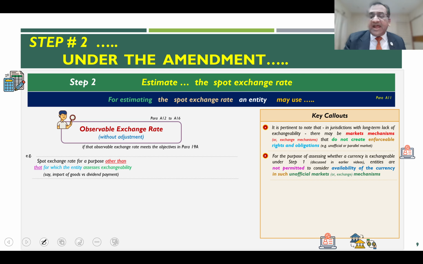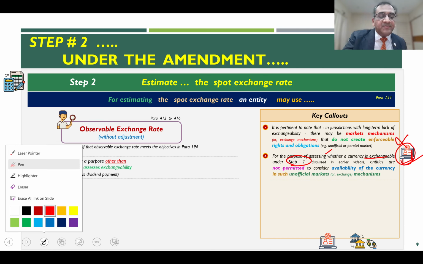we have seen that for assessing whether the currency is exchangeable in step 1, you ignore the existence of this market, because unless the rights and obligations arising out of this market are enforceable, you will ignore the existence of those markets.